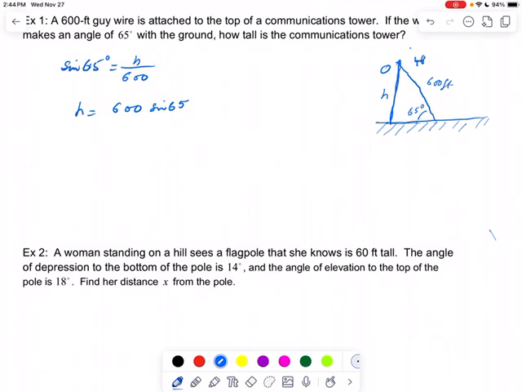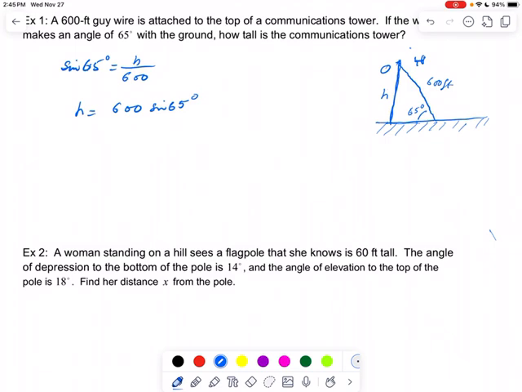Now we don't know the sine of 65 because that was not on the unit circle, in our known angles or known numbers. So we will leave it like that.